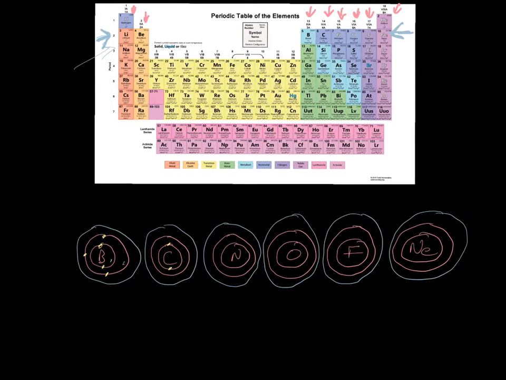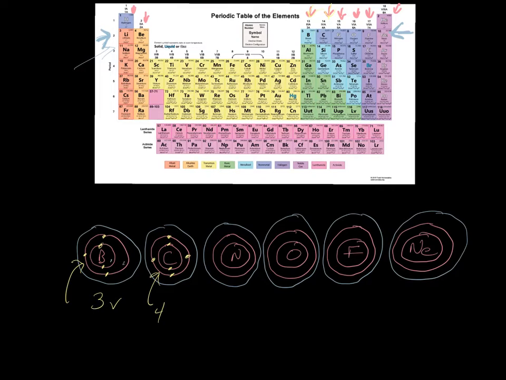Carbon has 6 electrons total. 3, 4, 5, 6. Boron has 3 valence electrons. Carbon has 4 valence electrons. And of course it matches up with the columns.